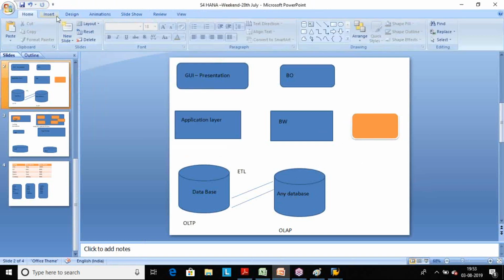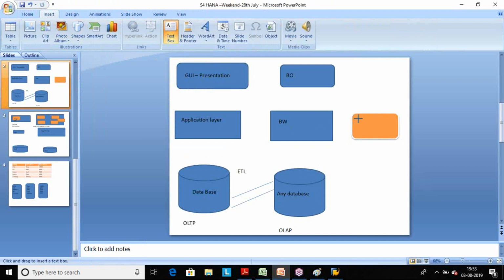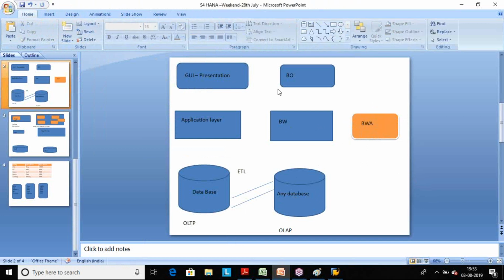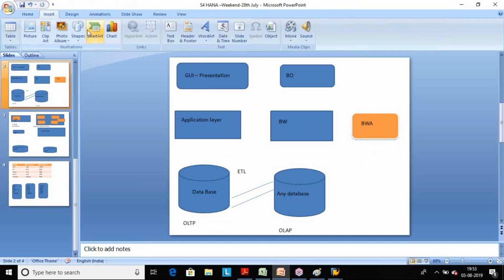Just to enhance the speed, we can use the BWA system, Business Warehouse Accelerator. It is capable of multiprocessing. It is like in-memory technology, that means it is RAM-based hardware, and you are going to staple it with your application layer.